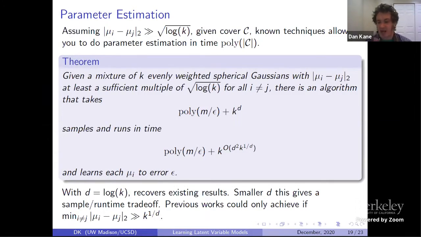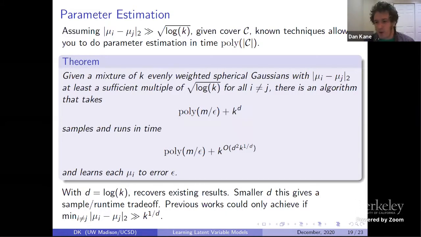In order to get this kind of sample complexity runtime trade-off, previous works require that the means be separated not just by square root log k, but by k to the 1 in d. And so this technique allows us to get the full trade-off with only these information theoretically minimal separation assumptions.